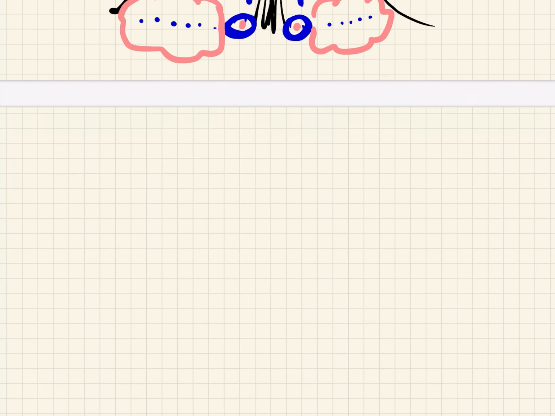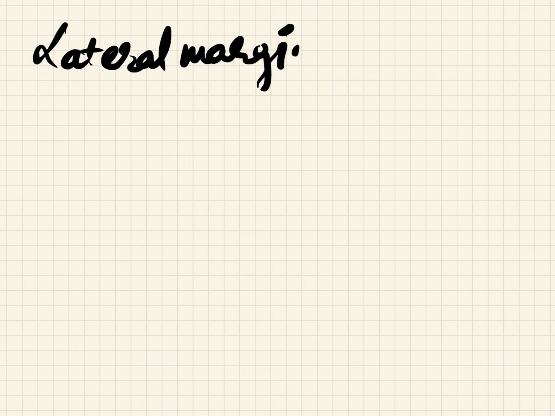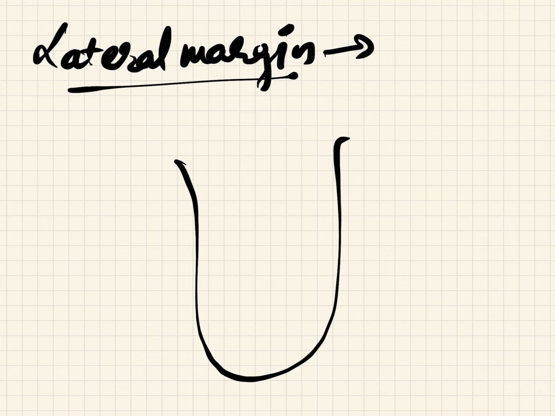Now what is left over is the lateral margin. The lateral margin is also covered by the mucous membrane, and the palatoglossal arch is attached at the junction of the anterior two-third and posterior one-third. So this is the sulcus terminalis again, which will be dividing the tongue into anterior two-third and the posterior one-third.